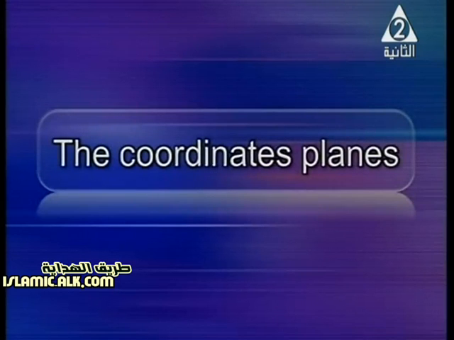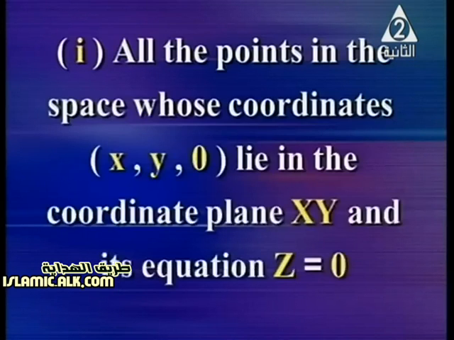Look at coordinate planes. Number 1: all the points in space whose coordinates are x, y, 0 lie in the coordinate plane xy, and its equation is z equals 0.